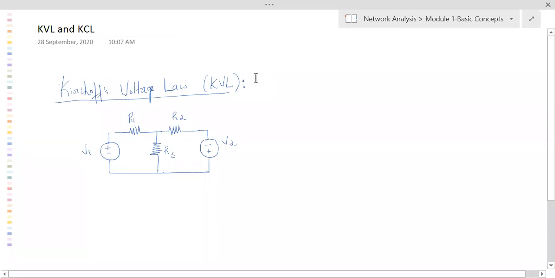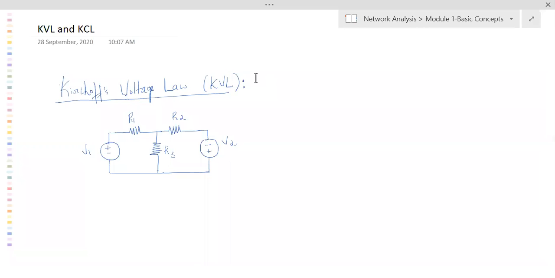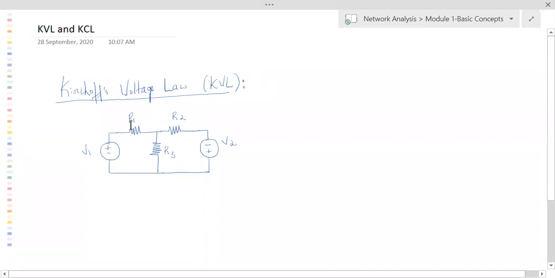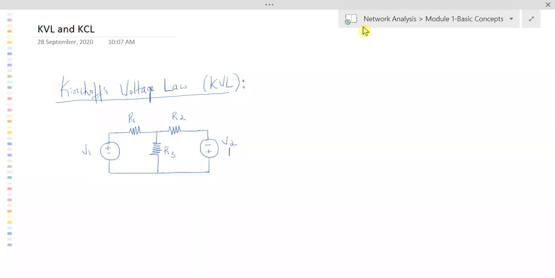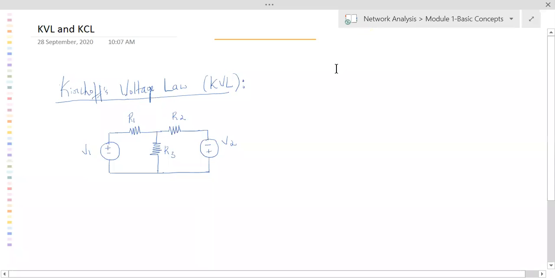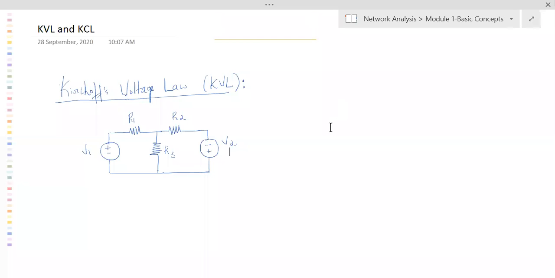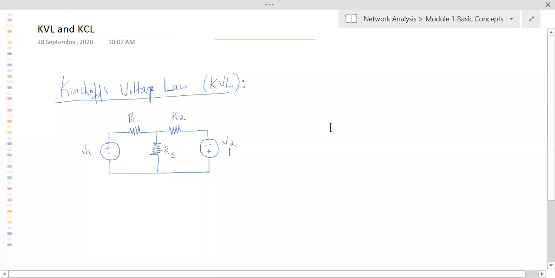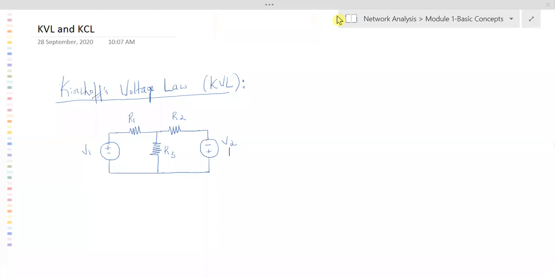To understand why we use KVLs and KCLs, can anybody tell me how R1, R2, R3 are connected? Parallel? Which resistors are in parallel? There are three resistors. Are all the three resistors in parallel? No.